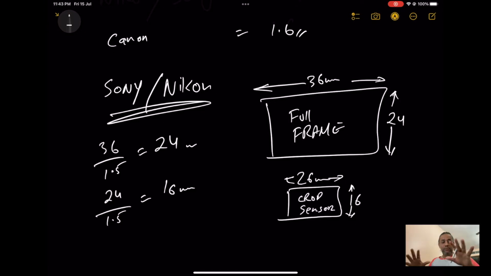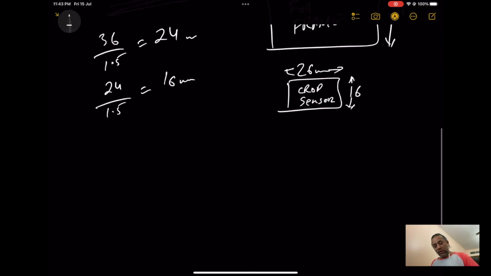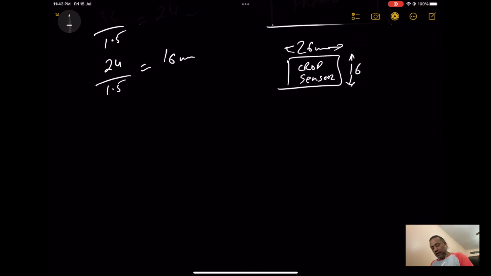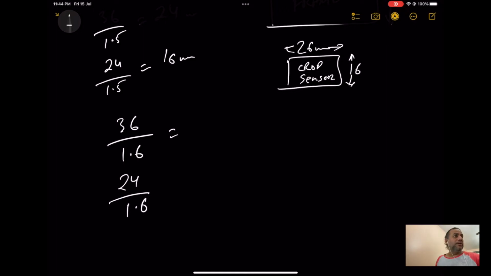All right, so far so good. Once we go for Canon, it's 36 divided by 1.6, and then 24 divided by 1.6. Let's do a quick math. Wait a second, I have to calculate. My maths is not good. All right, okay.